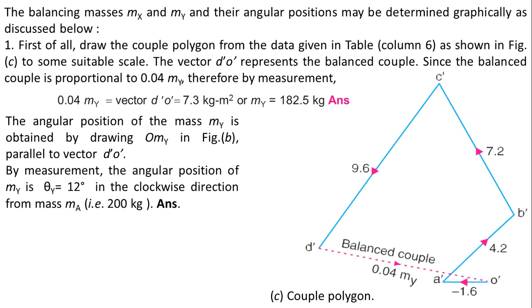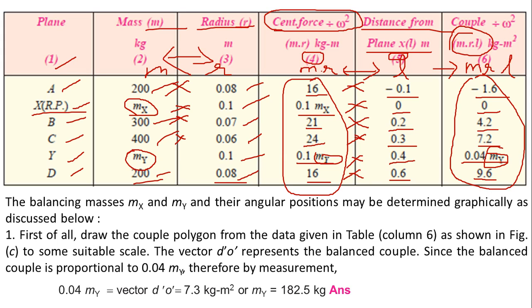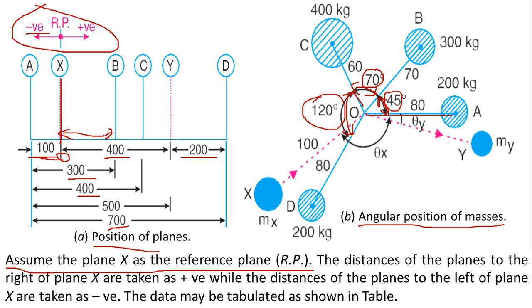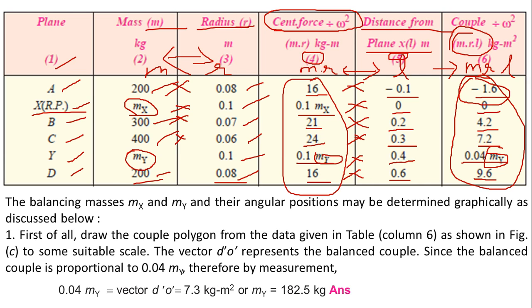So the first step for drawing this couple polygon, we'll start with the initial position of 1.6. So 1.6 is what? It is minus, means you have to take reverse. Here you can see the mass of the first one, that is for the first plane, it is 0 degree, means now you have to take the opposite direction in the form of 0 degree.